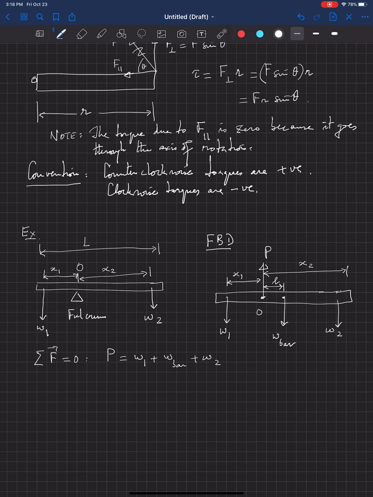Now, so now we say, taking the torques about the fulcrum, what is my equation?